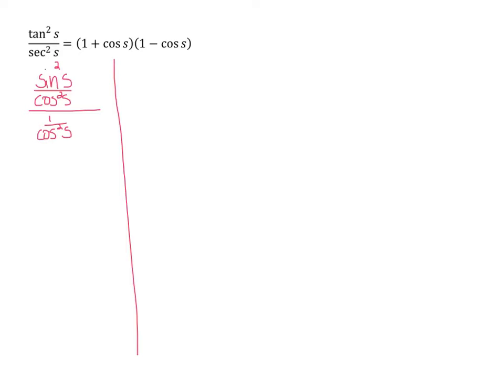And then I can copy dot flop. These cosine squared of s's cancel, and I'm left with sine squared of s.